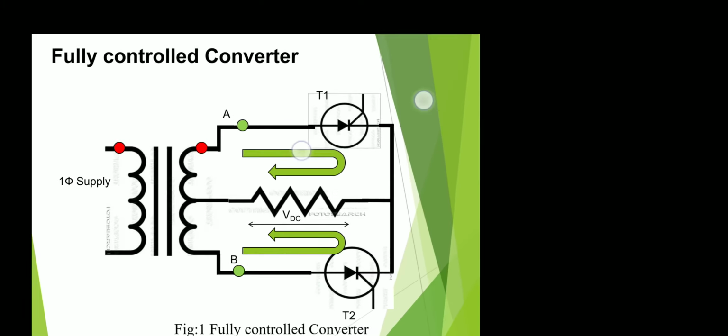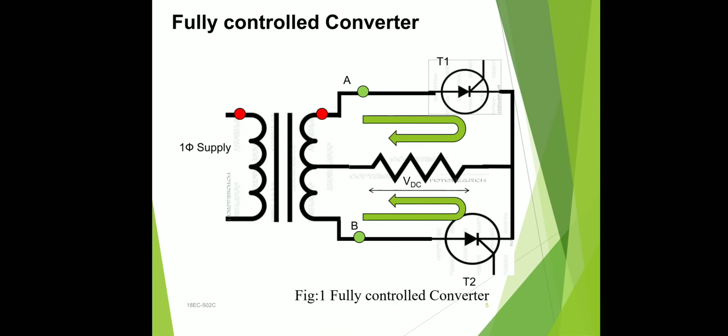Now here the anode of T1 is positive. But we know the function of this SCR. To trigger this SCR, it requires some time, that is the delay angle. After some delay, then only it will be triggered and comes into the on state.